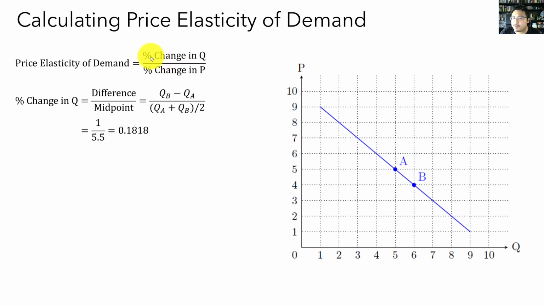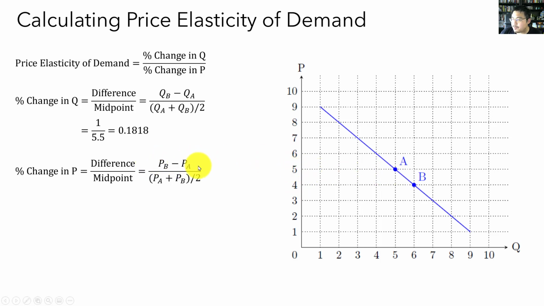Now let's calculate the percent change in price. Again, we use the formula of the percent change being equal to the difference divided by the midpoint. And here it is as a formula. So what's the difference in price between point A and point B? At point B, the price is 4, and at point A, the price is 5.